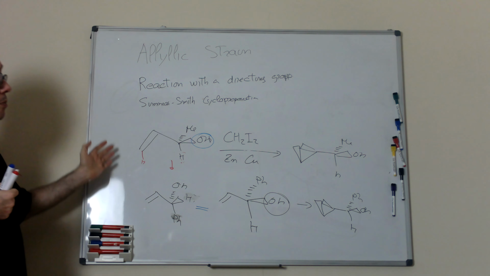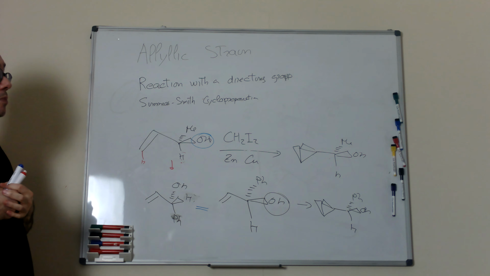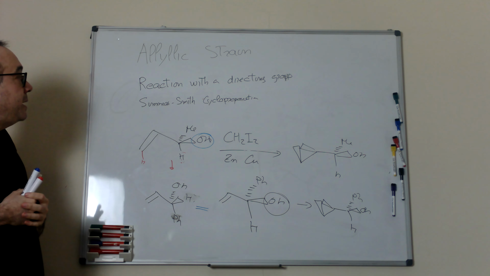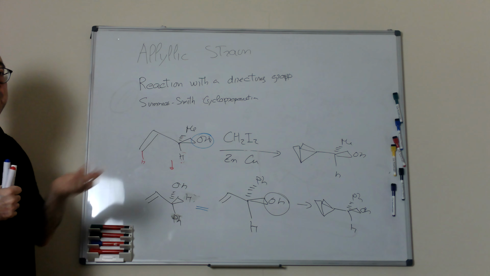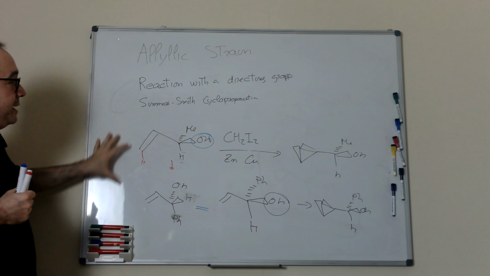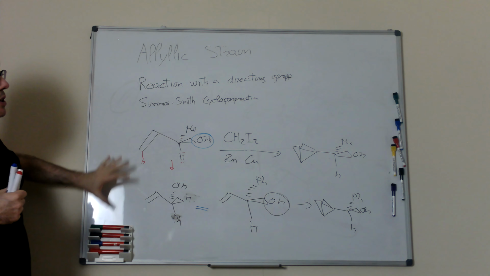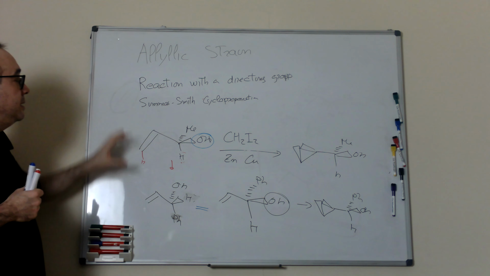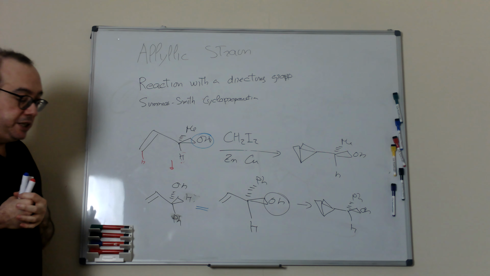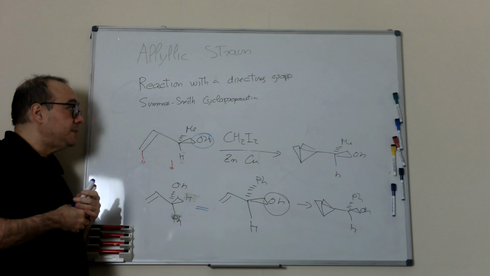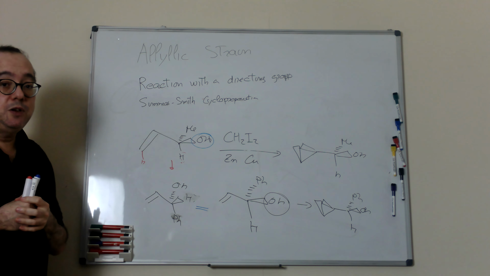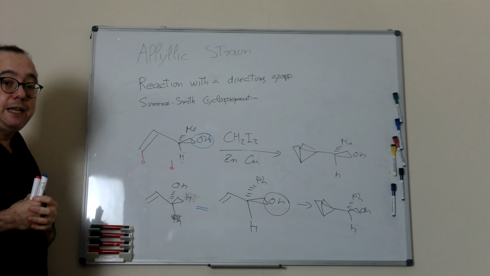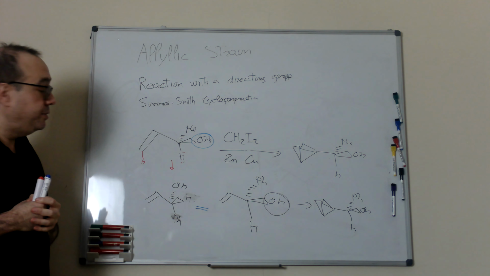In the lecture we will put some more examples of directing groups, and we will explain in a little more detail the difference of energy between the different conformations. But basically here what I want to show you is how to draw the transition states, how to draw the most stable conformer, and I hope that you find this quite useful. Okay? Thank you very much for your attention, and see you in the next lecture.